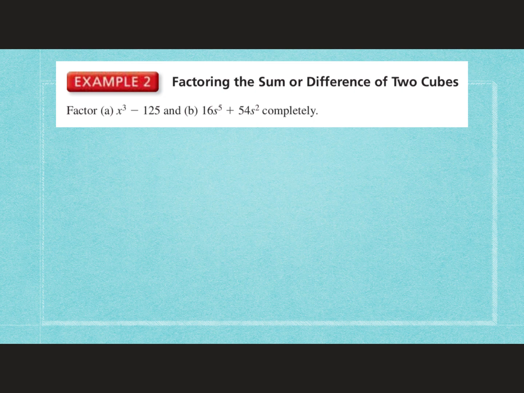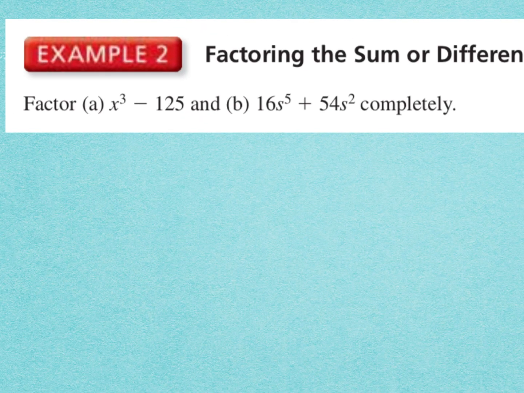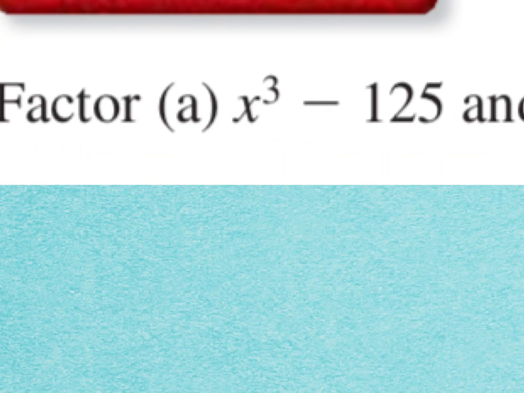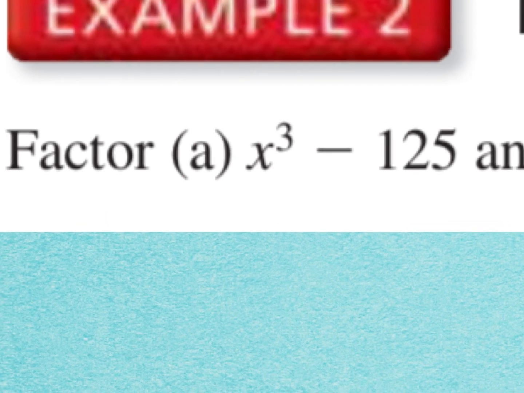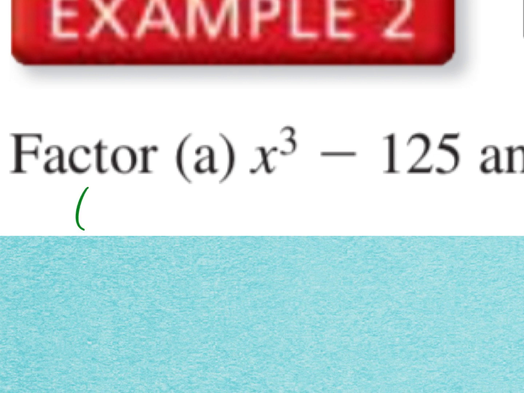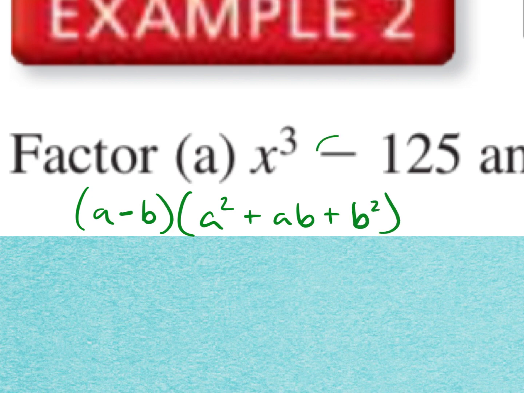So let's look at example 2. For A, we have the difference of cubes. Our formula would be A minus B times A squared plus AB plus B squared. Because when it's a minus, our signs go same, opposite, always positive.